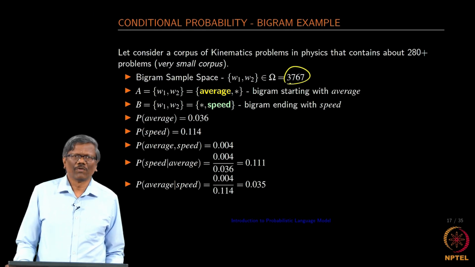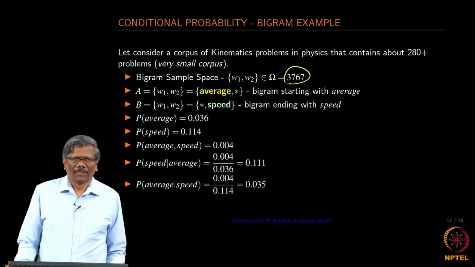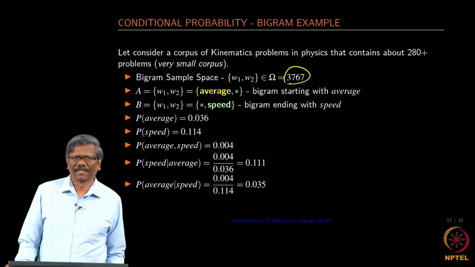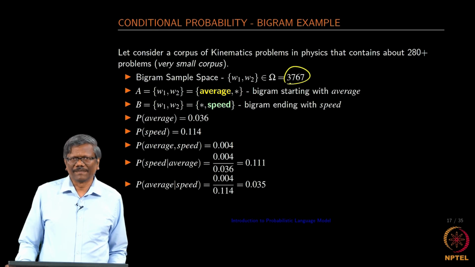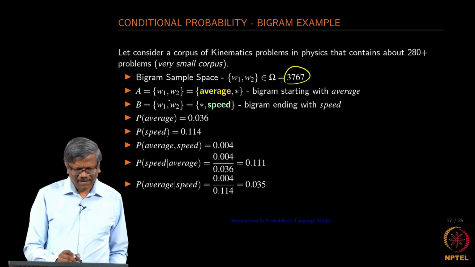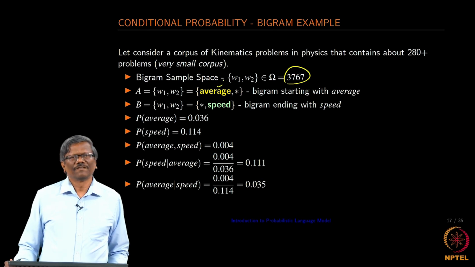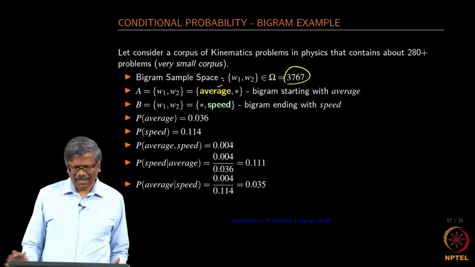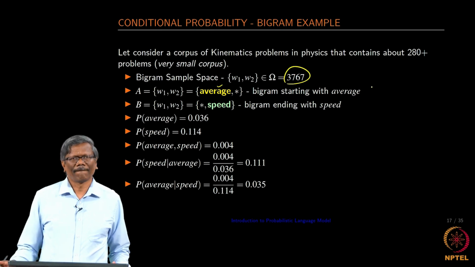Now we want to find the bigrams starting with average and the bigrams ending with speed. Let us get a set where average is the first word and the second could be anything.